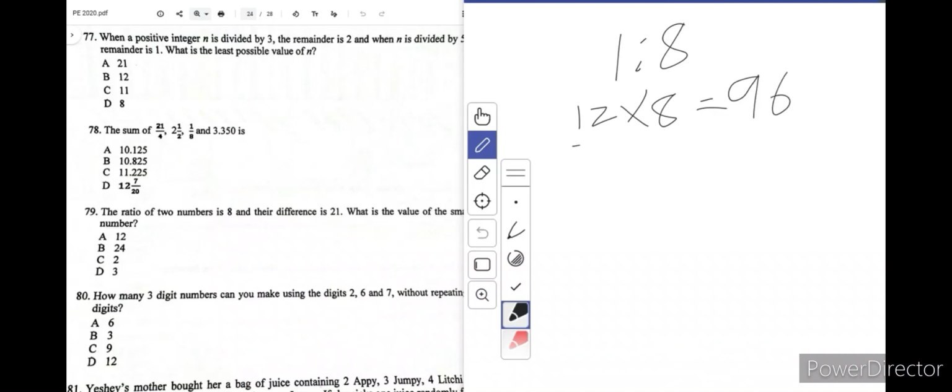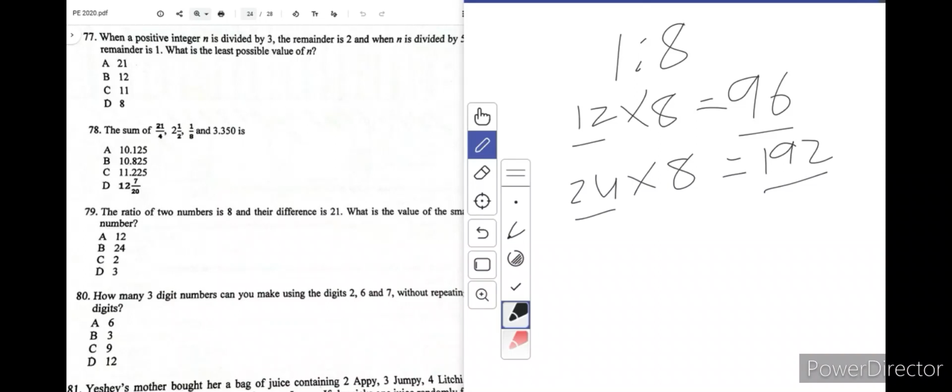The difference between 12 and 96 cannot be 21. So we'll go with the next option, that is 24. 24 into 8 would be 192. Again 24 and 192, the difference is not 21, because we need the difference as 21.